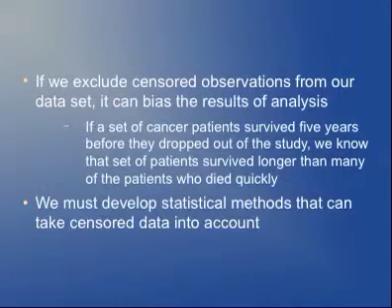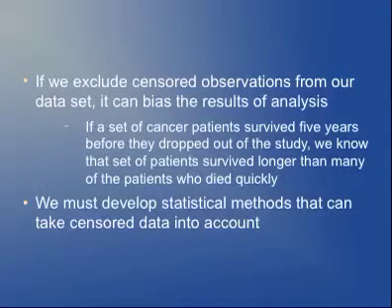Oftentimes, if you have a small amount of missing data when you do statistical analysis, you can just exclude the missing data from your data set, but that's usually a bad idea in the survival situation. In survival analysis that will usually result in severe bias.